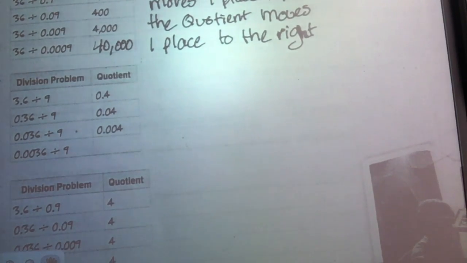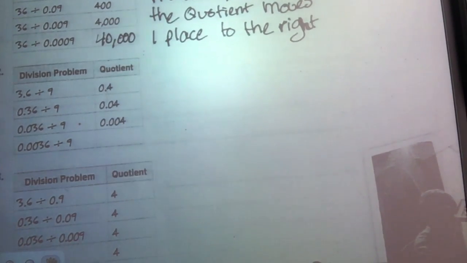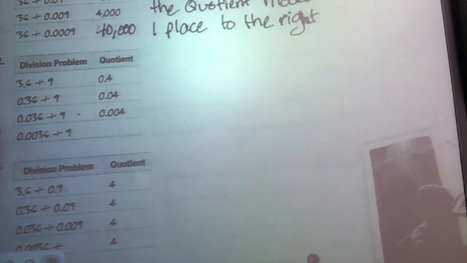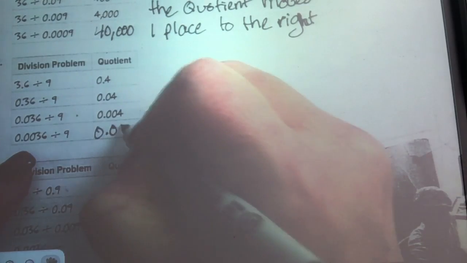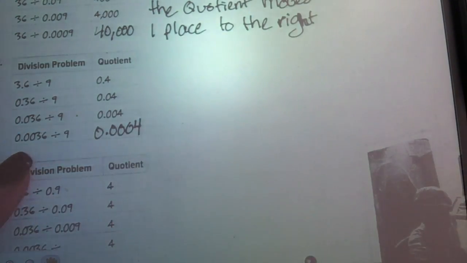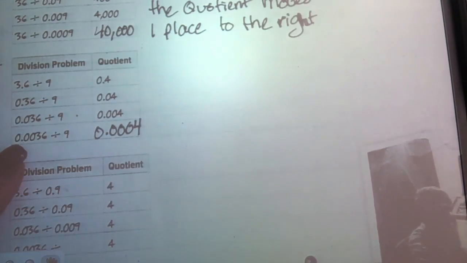I am moving on. Second column gives us 3.6 divided by 9, and you get 0.4. 0.36 divided by 9, you get 0.04. 0.036 divided by 9, you get 0.004. So what do you think the last one's going to be? 0.0036 divided by 9. Right, you're just adding another 0 and going one more place to the left.